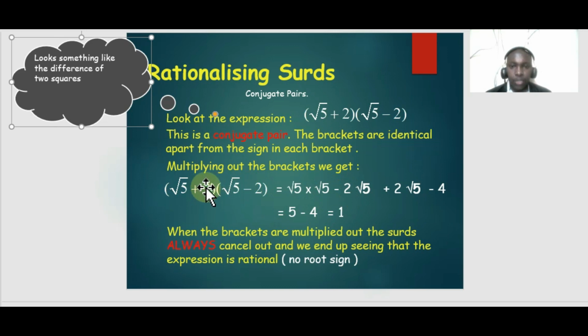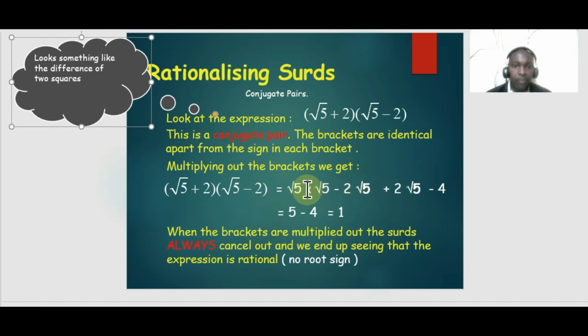Then we go to this, we take this one, 2 times root of 5, get this, and there's a negative sign between there. Then 2 times negative 2, that we get negative 4. So when you multiply this one out by expanding, you'll get 5 minus 4, which is 1, because root 5 times root 5 gives us root of 25, which is 5, and then negative 2 root 5 plus 2 root 5 will give us 0. This part will give us 0.